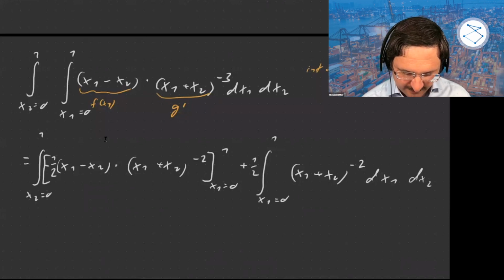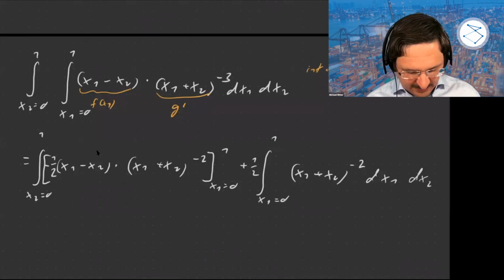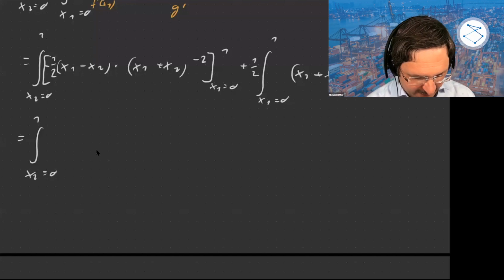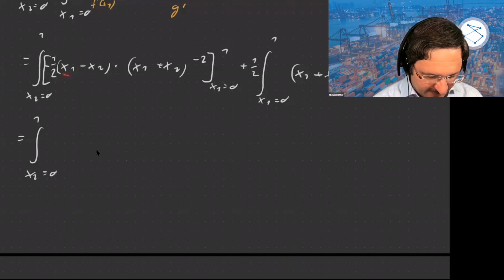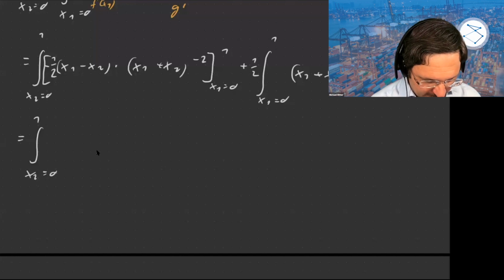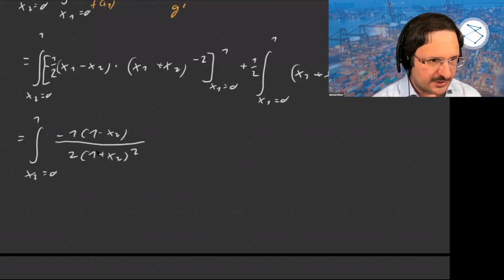And once we have computed that successfully, we still have to integrate with respect to x2. So let's go about integrating this one. Outer integral stays. Now for the inner integral, let's see. For the upper bound, we get 1 minus x2 here, 1 plus x2 here. So all in all, we have minus (1 minus x2) over 2, and that's (1 plus x2) squared.